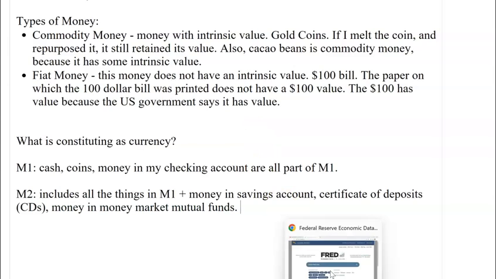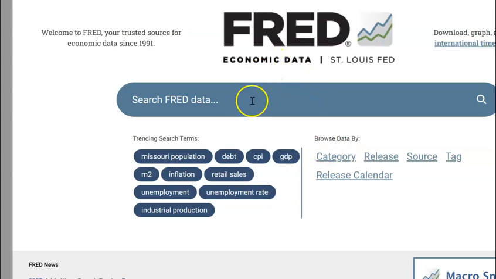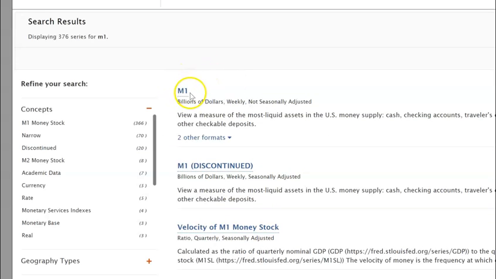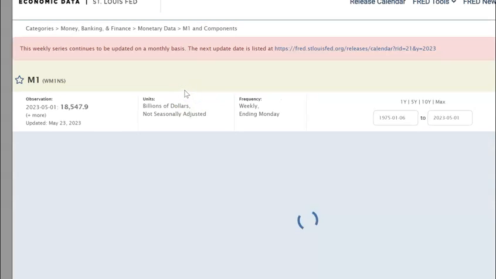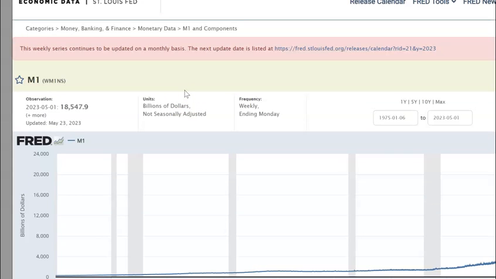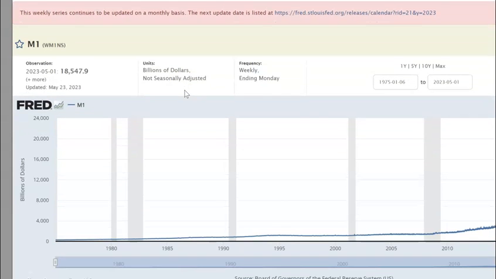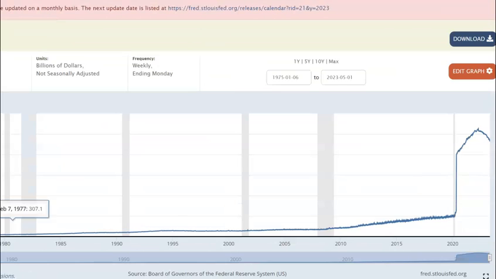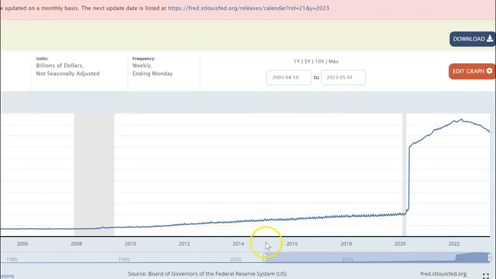For that, let's go to the website of FRED. In FRED, all I need to do is write M1 and enter, and M1 pops up. So I can click on M1 and see how big M1 is right now. Let's look at the newer values. We can see that M1 was around 3.6, 3.5 trillion dollars for the most part of 2018, 2019, 2020.